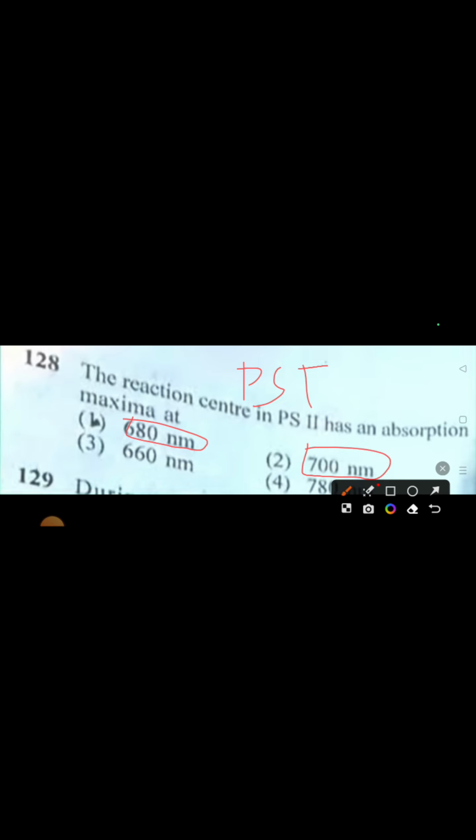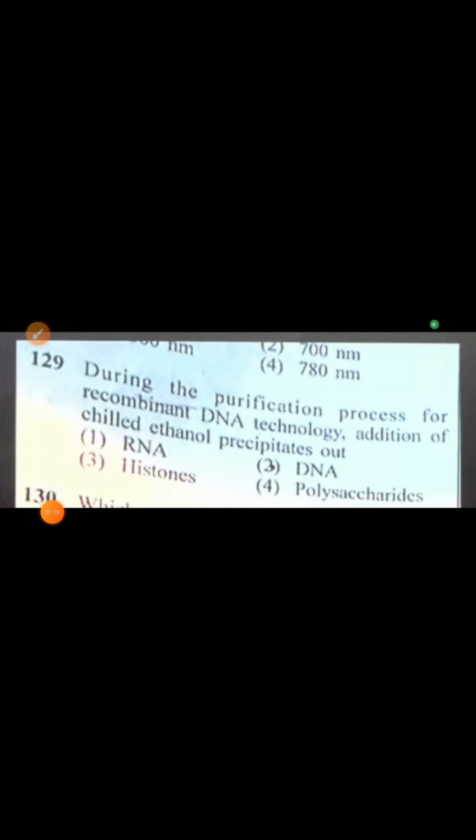So the correct option is 1. During the purification process for recombinant DNA technology, addition of chilled ethanol precipitates out DNA, and this process is known as spooling. So the correct option is second.